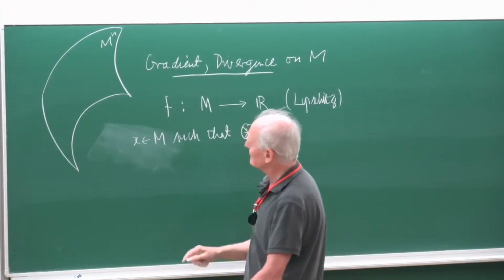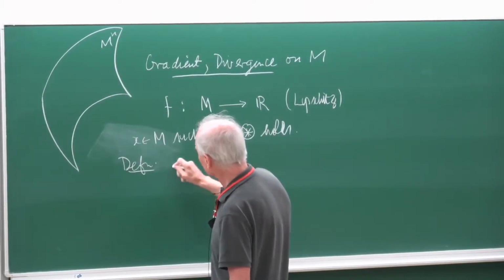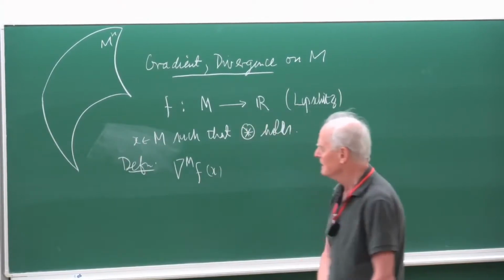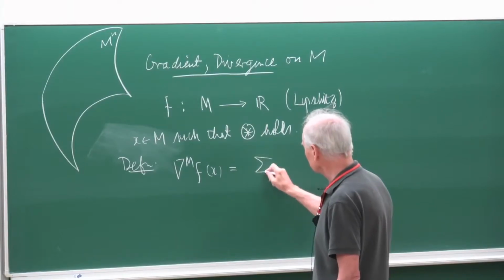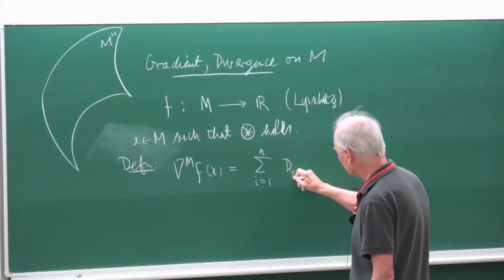Then we can talk about the gradient on M. So the definition is: the gradient on M of f at the point x is simply defined by taking the directional derivative with respect to an orthonormal basis.